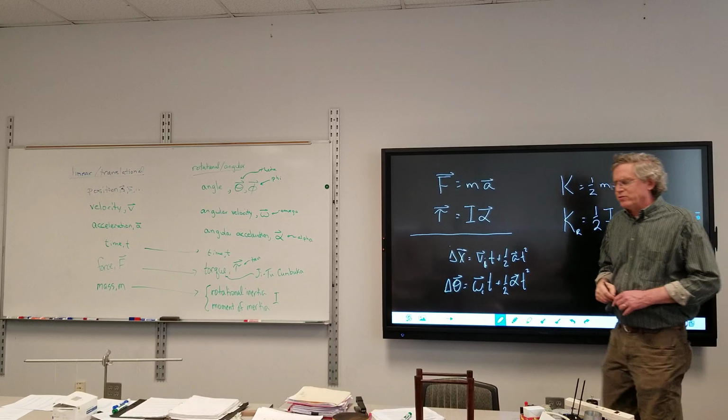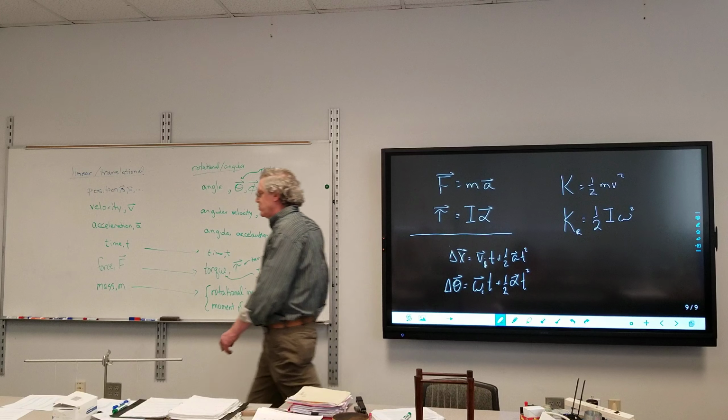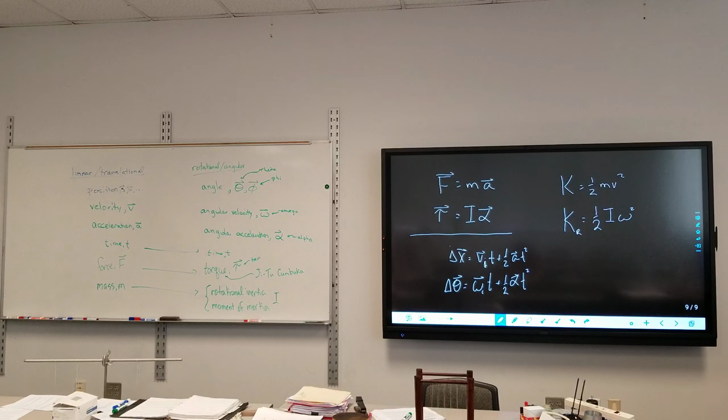Now this seems somewhat contradictory for those who remember why I wanted you to memorize 1/2 mv squared. I said that formula doesn't change. You're working on your Nobel Prize winning work, it's still 1/2 mv squared. But now I'm saying there's another formula?